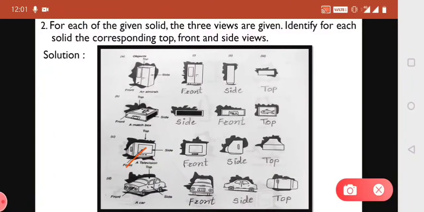Whatever side you see, you can see the whole part where we can carry the television, so that is the side view. And the third is top. From top, you can see the television shape in this way. So the first figure given is front view, second is side view, and third is top view.